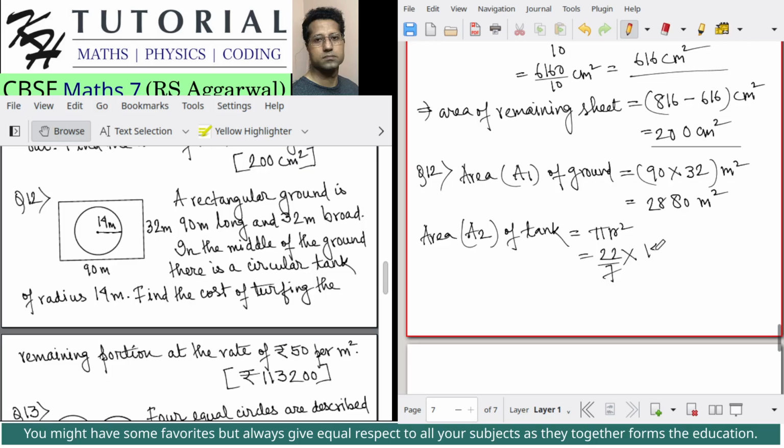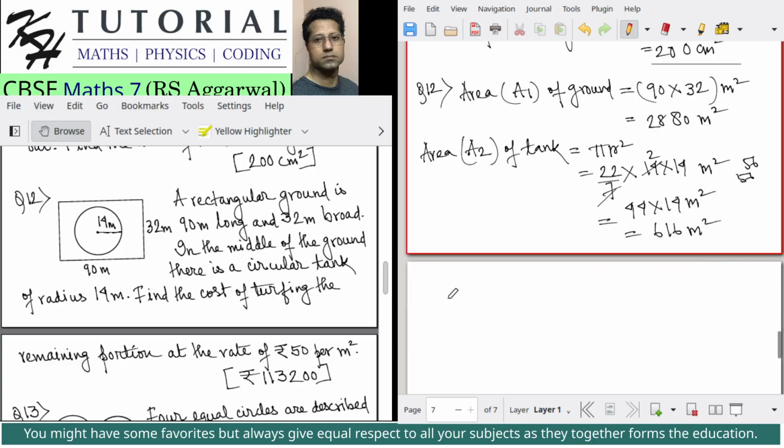So this is 14 multiplied by 14, this much meter square. This is equal to 44 multiplied by 14 meter square, which is equal to 616 meter square, the area of the circular tank.